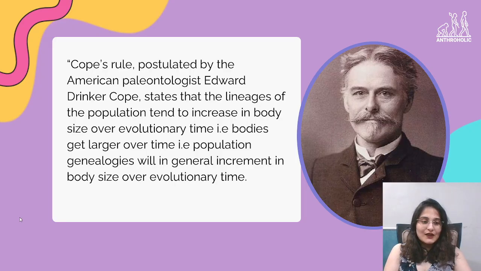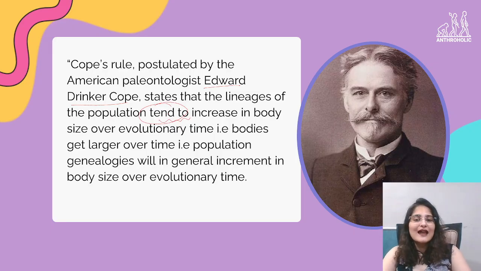Now let's begin with the topic, Cope's rule. This particular rule was postulated by American paleontologist Edward Drinker Cope, who states that the lineages of the population tend to increase. Now when you see this word tend to, that indicates that this was particularly an observation.